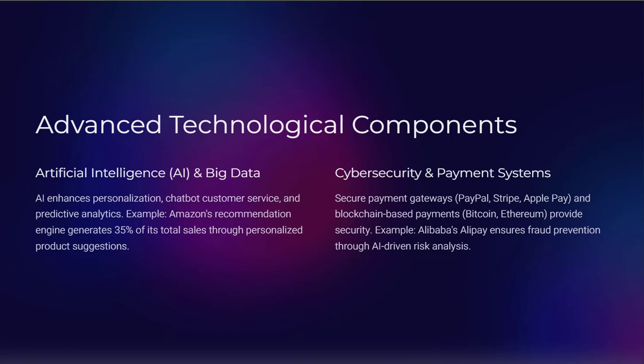Another component of technology is cybersecurity and payment systems. Secure payment gateways like PayPal, Stripe, and Apple Pay, and blockchain-based payments like Bitcoin and Ethereum provide security. One example is Alibaba's Alipay, which ensures fraud prevention through AI-driven risk analysis to prevent fraud in online transactions.